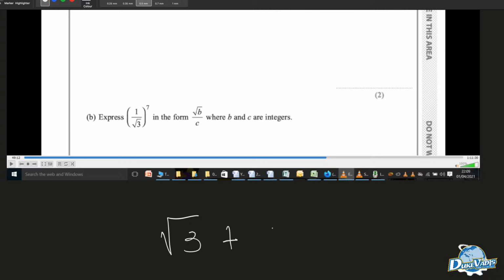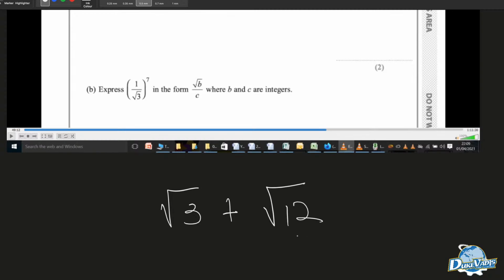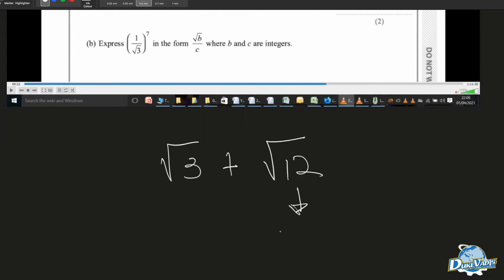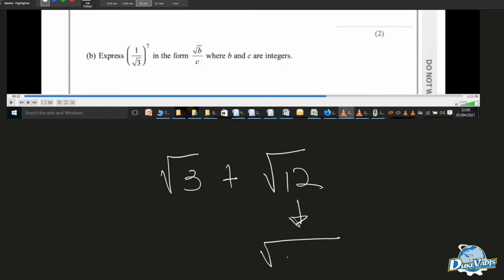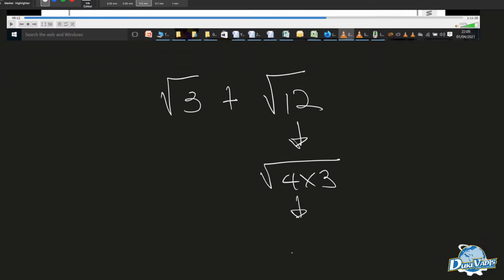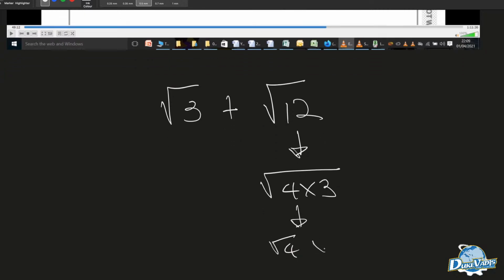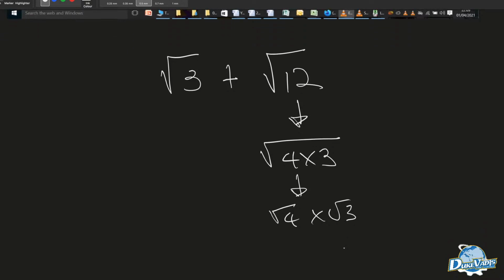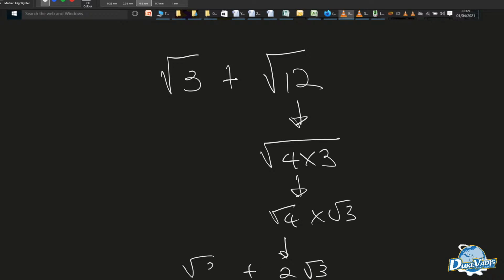Let's work it. Root 3 plus root 12. So straight on, we know that we can break this, we say root 4 times 3. And we can further break this one down, we say root 4 times root 3, and we know this will give us 2. So 2 root 3 plus our root 3.